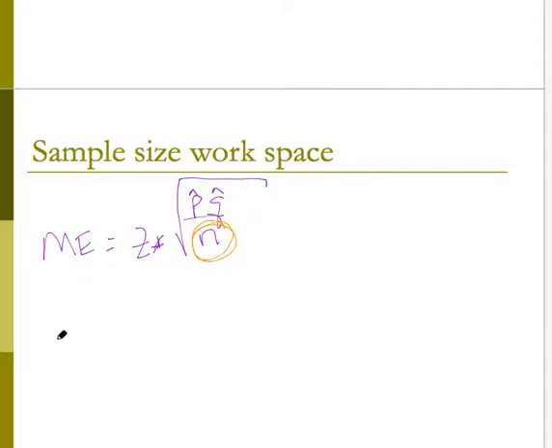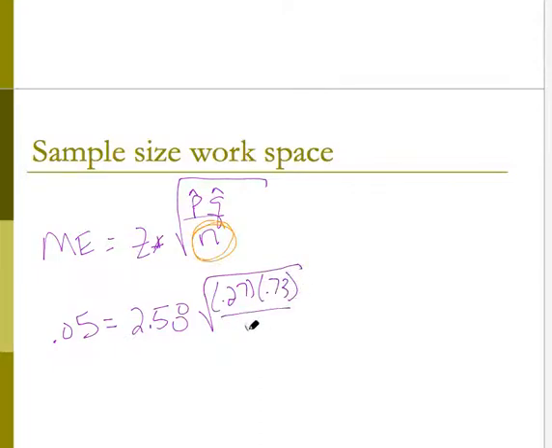The margin of error in this case is 0.05. For the z-score, it said 99%, so that critical value is 2.58. Under our square root, we're using the same 27%, so 0.27 times 0.73 divided by n. Again, this n is what we're solving for.